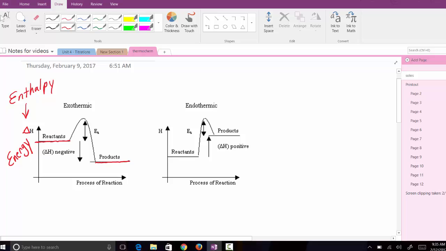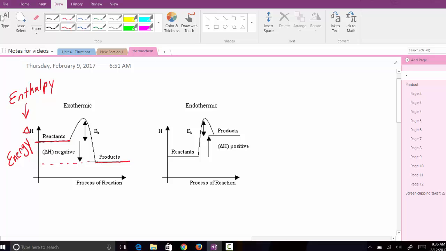So we can see in an exothermic reaction that the products are at a lower energy, and that's because heat is released in an exothermic reaction, and so that heat energy had to come from somewhere. So it came from within the reactant molecules, and then that heat is released, and the energy remaining in the product molecules is what we're showing here at this line.